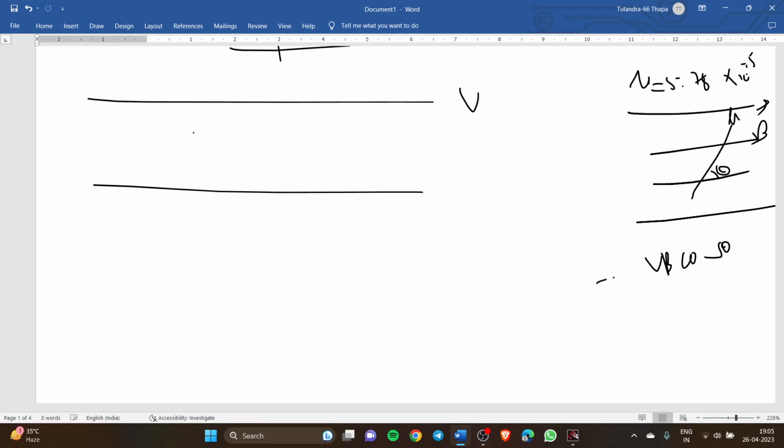When it is in the anti-parallel position we have plus mu B, and when it is in the parallel position, at 0 degrees, we have minus mu B.